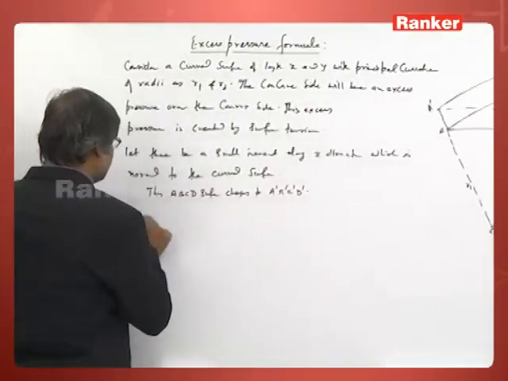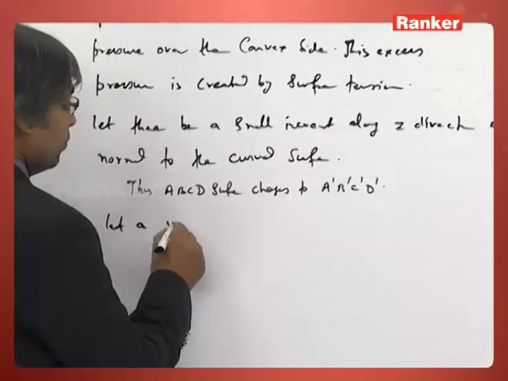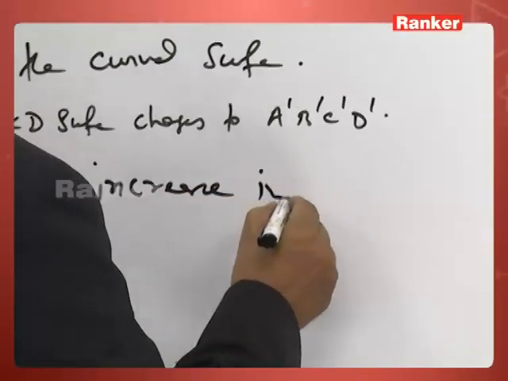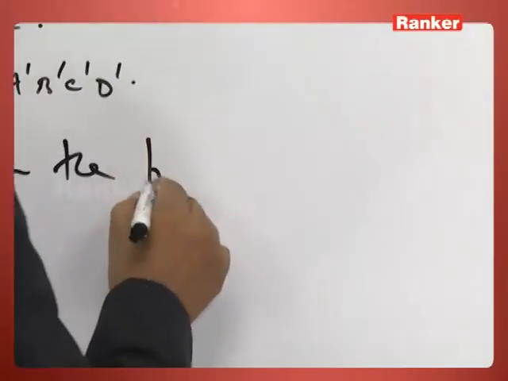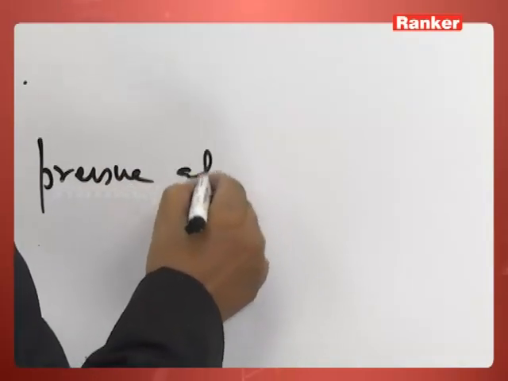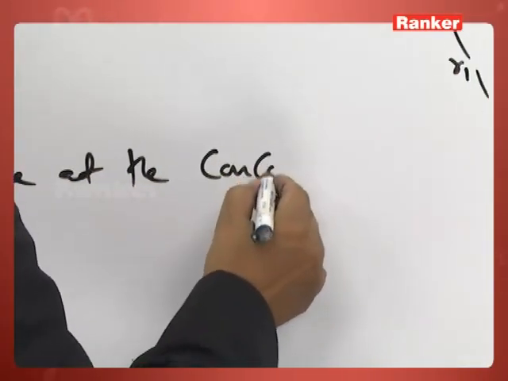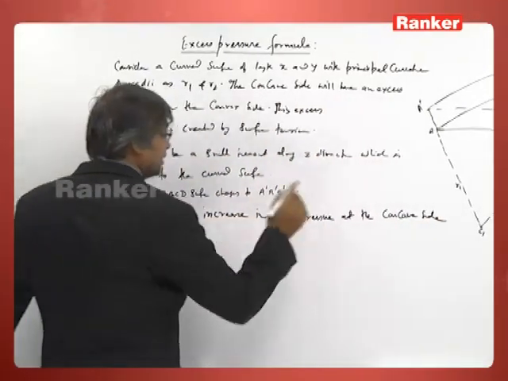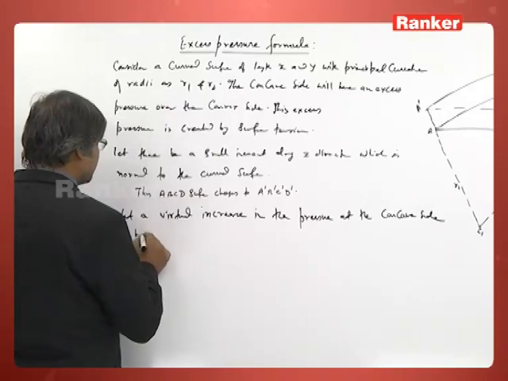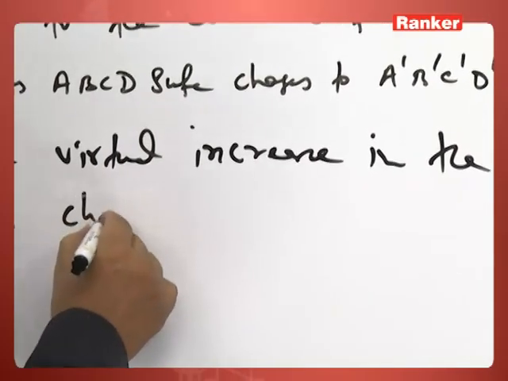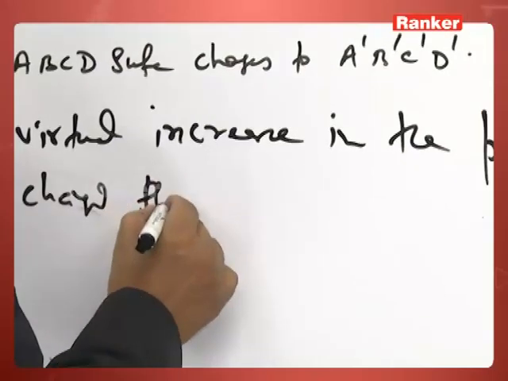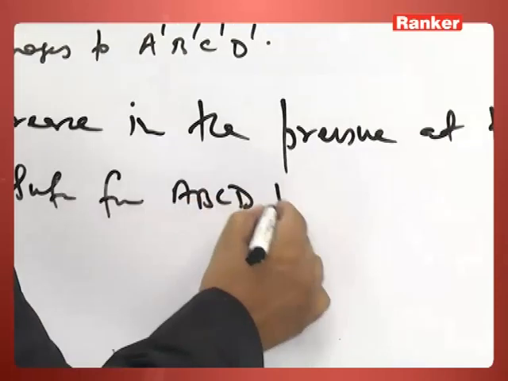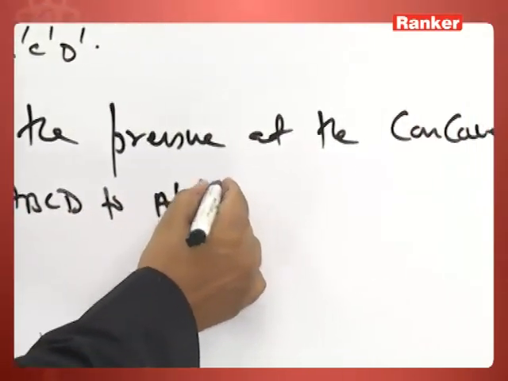Let a virtual increase in the pressure on the concave side has changed the surface from ABCD to A dash, B dash, C dash, D dash.